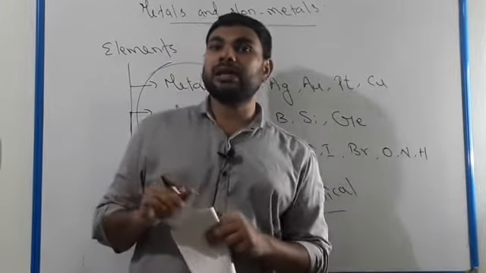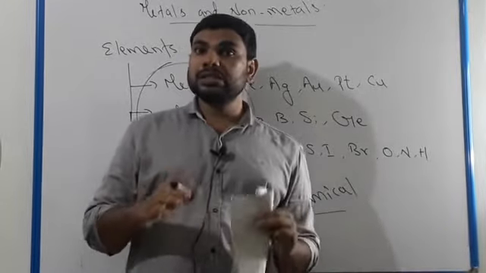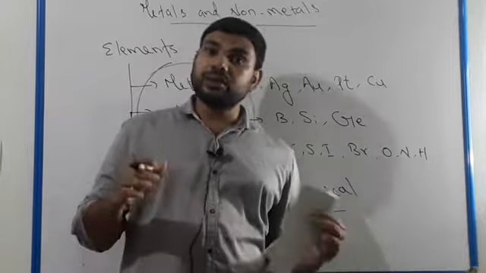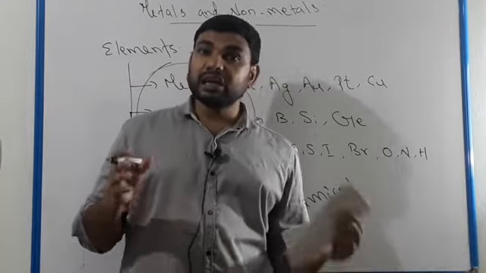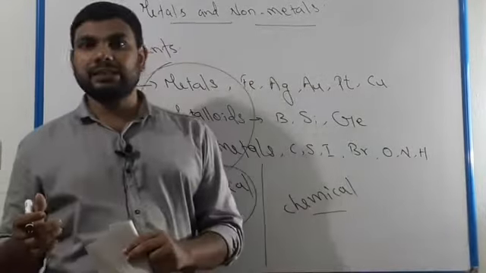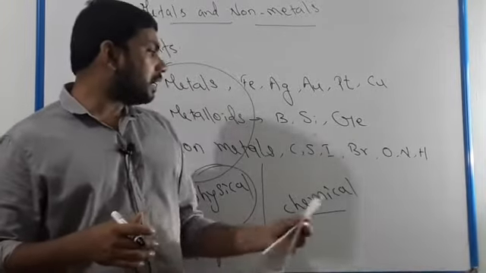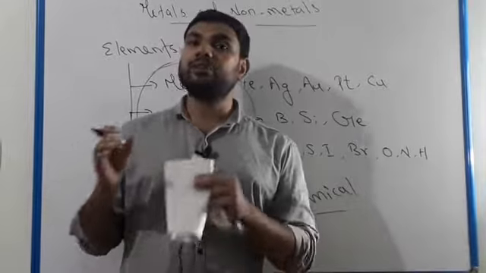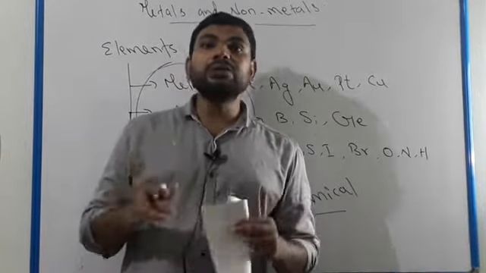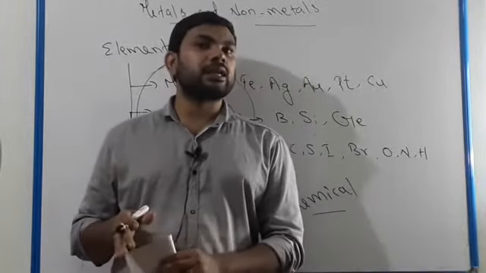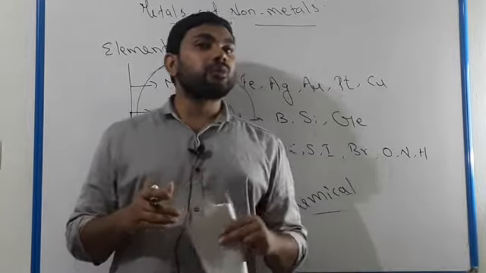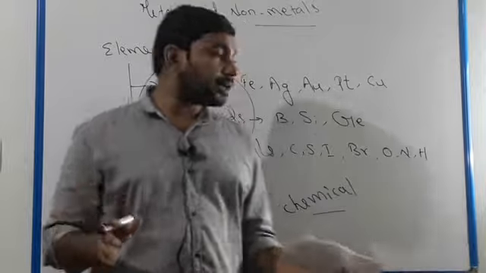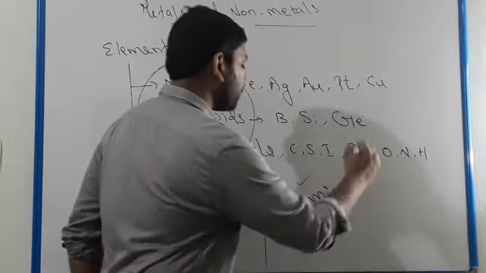But some metals like gold and silver do not react with water. Elements may also react with acid and with oxygen. Such properties are called chemical properties.